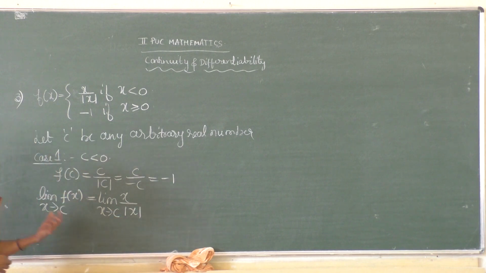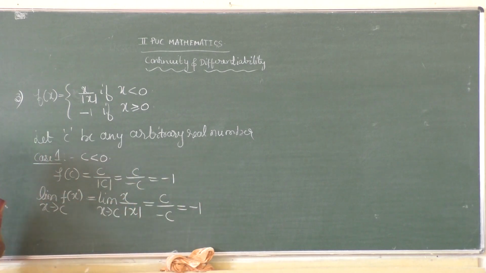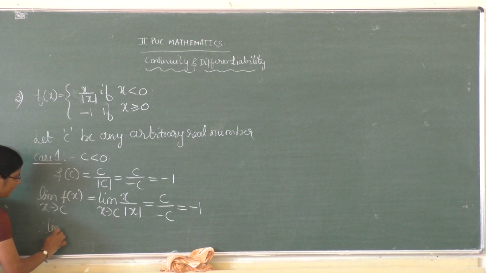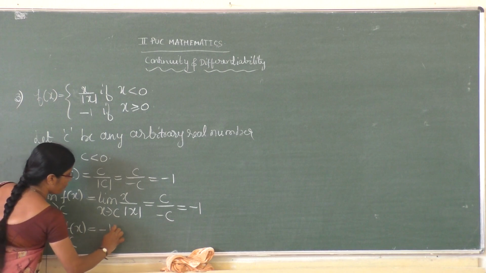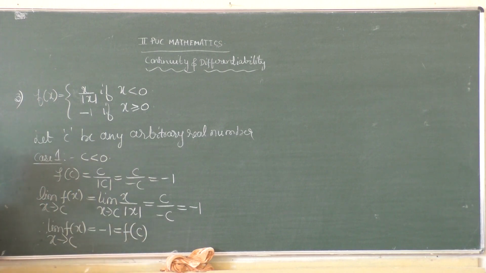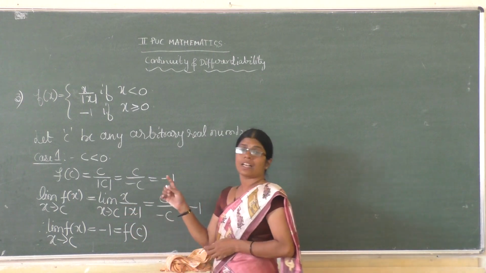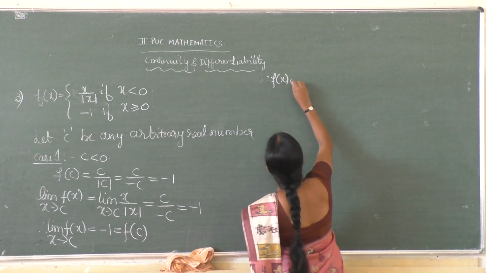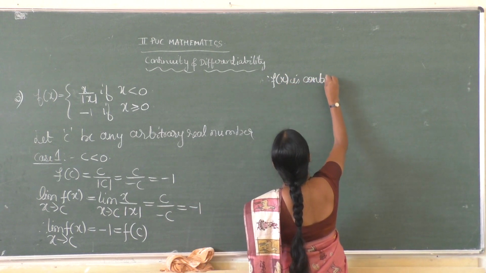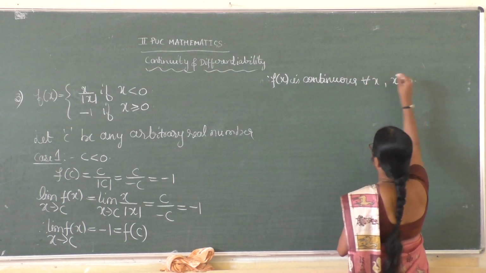Because c is less than 0, this becomes c by minus c, that equals minus 1. Therefore, the limit of f of x as x tends to c equals minus 1, that equals f of c. Therefore, we conclude that f of x is continuous for all x, x less than 0.